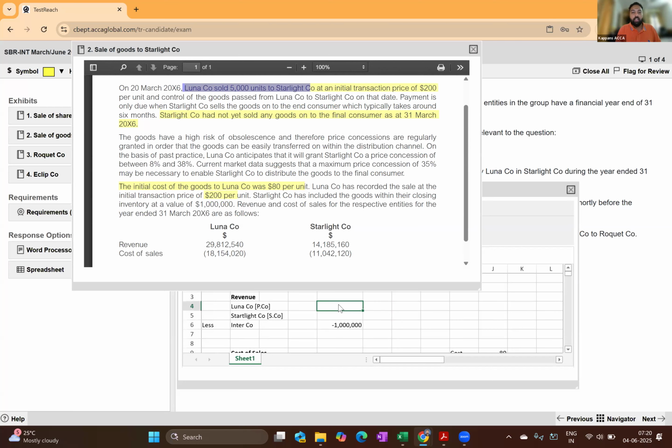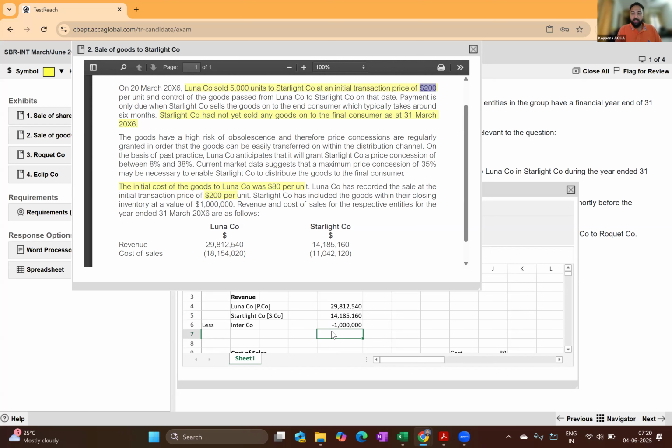So revenue: Luna Company revenue, that is parent company revenue, 29,812,540, plus subsidiary company revenue, Starlight Company revenue, 14,185,160, and intercompany revenue, 5,000 units sold at 200, 5,000 into 200, 1 million.